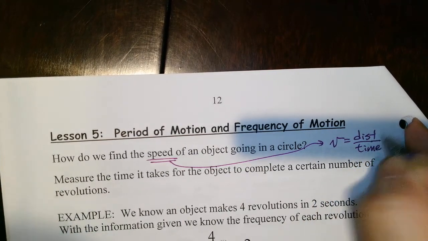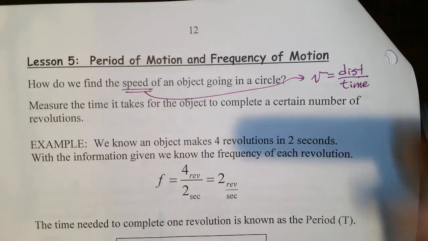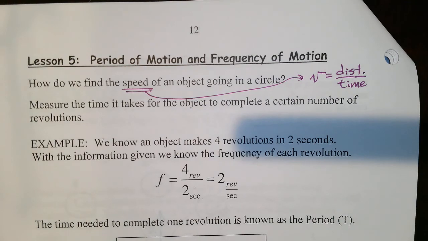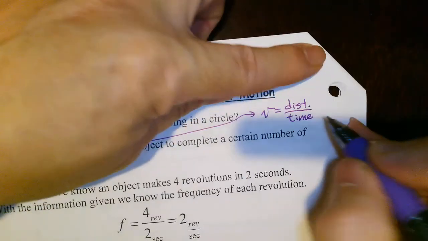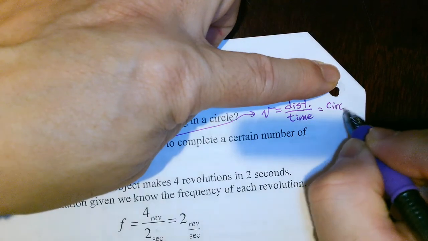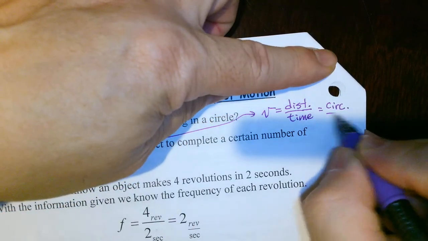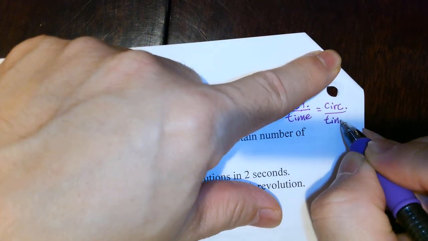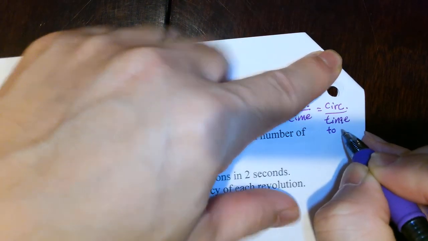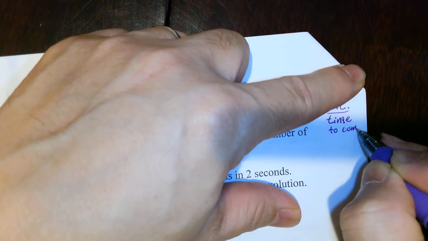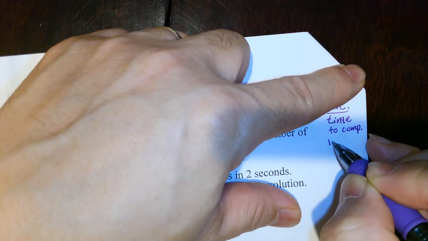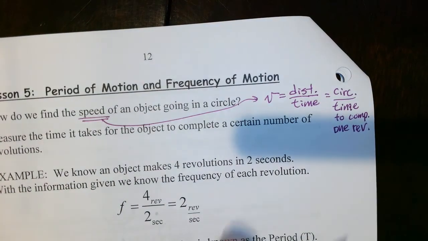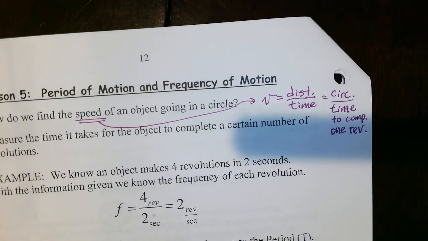The distance that an object travels when it's going in a circle is just the circumference, and the circumference divided by the time it takes to make one revolution would be the speed of an object going in a circle.